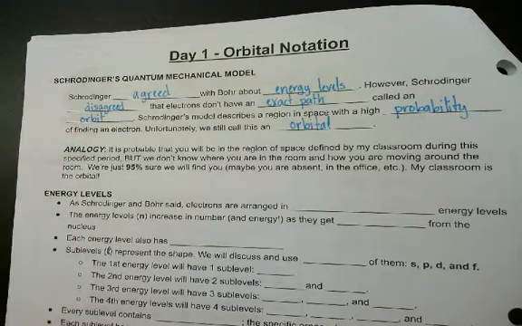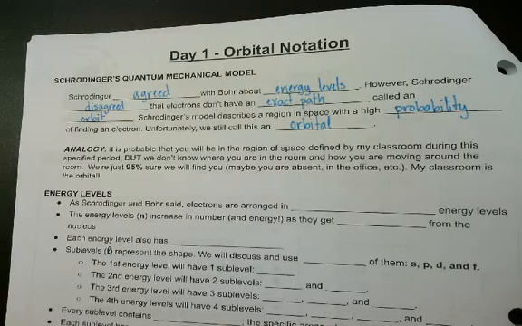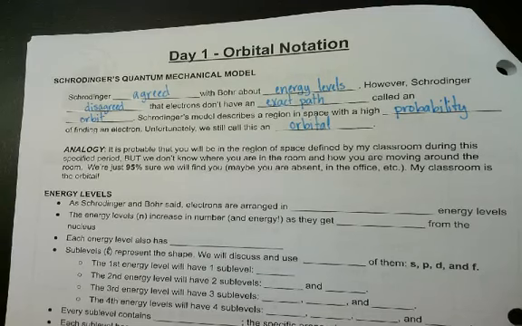It's weird to think about a high probability, so here is an analogy that might help. If the front office were to call me and ask for you, you're getting checked out, they're calling me because they know that it is probable that you are supposed to be in my class during this specific period. However, the front office isn't going to know where you are in my room.